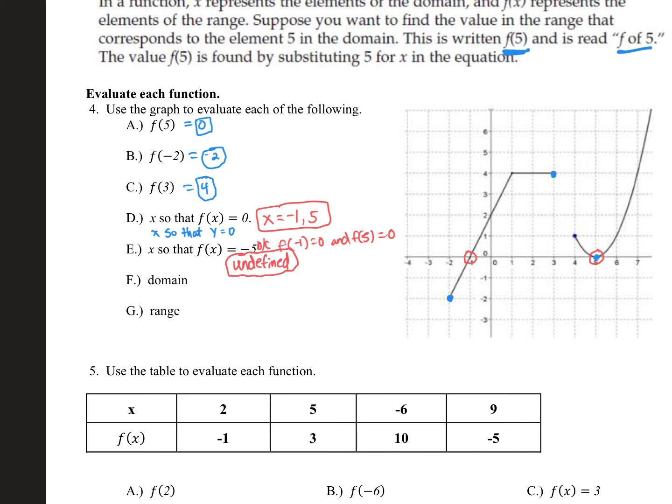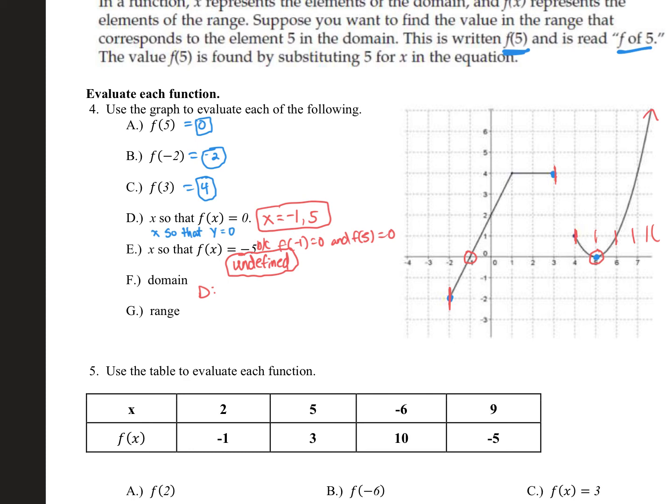Now for part F, it's asking us to list out our domain. So again, rather than listing out individual points or elements of our domain, we're going to go ahead and use our set notation. So from left to right, I know my first x value starts at negative 2, and negative 1, 0, 1, 2, 3 is included. And then it doesn't start again until 4, and then everything after 4 is included because that arrow again goes on forever.